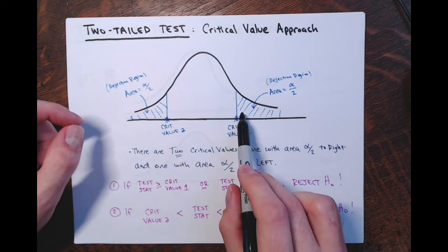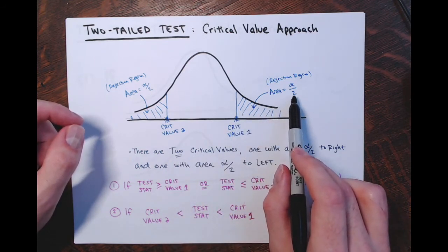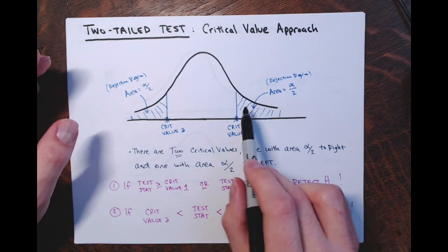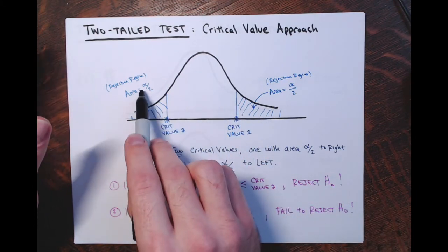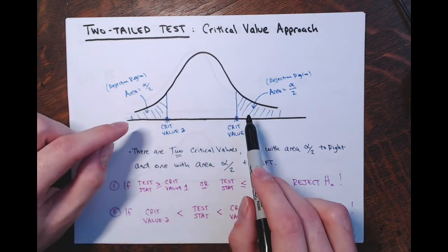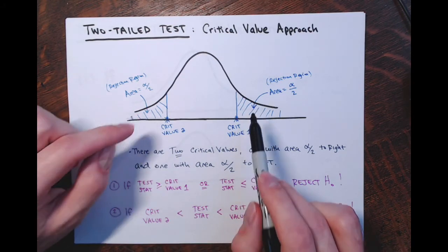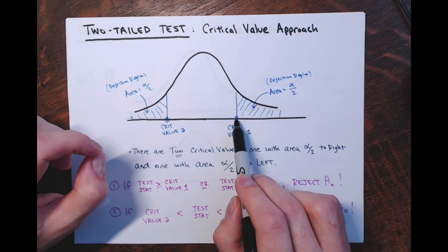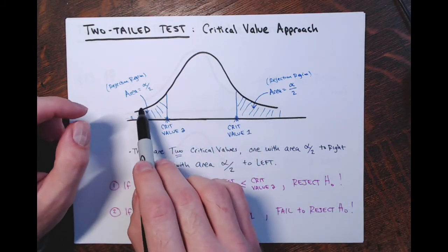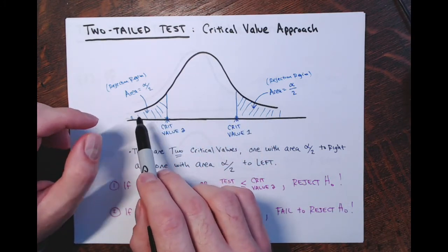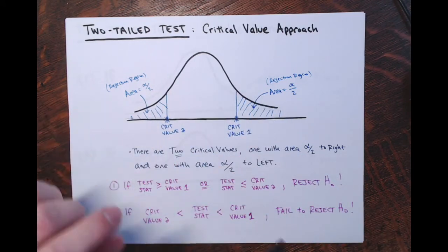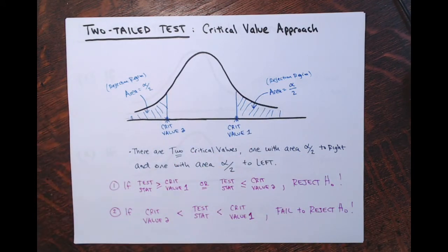One of them has an area of half of alpha to the right, and the other one will have an area of half of alpha to the left. That way, the total area of the rejection region is alpha. Right? You have half alpha to the right of this critical value, half of alpha to the left of this critical value. So again, the total area of all the rejection region is alpha.